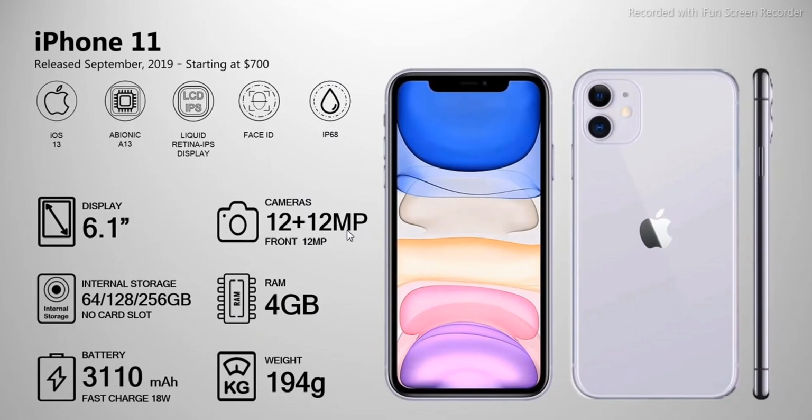Next, iPhone 11, September 2019. The price of this mobile is $700, IP68 water resistant and 6.1 inch screen size, 194 grams of this mobile's weight, 4 gigs of RAM.